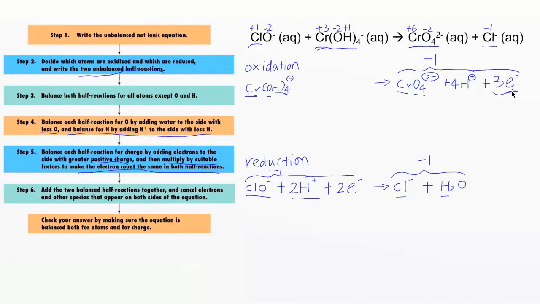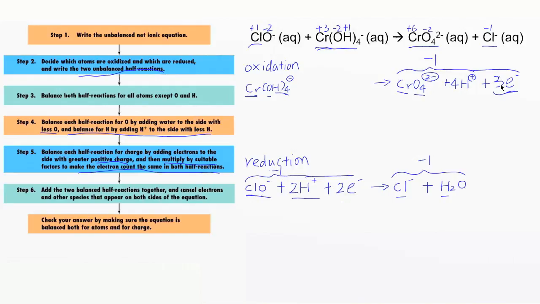As you can see, the electrons generated by the oxidation half reaction mismatch with the electrons consumed by the reduction half reaction. In order to balance the 2 half reactions, you have to make sure the electrons transferred in both half reactions are the same.